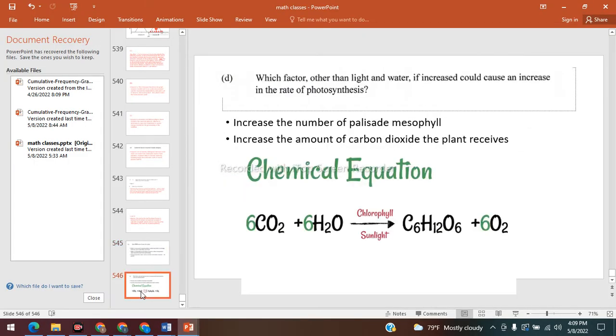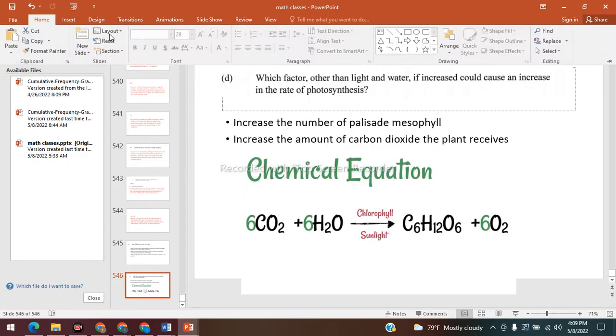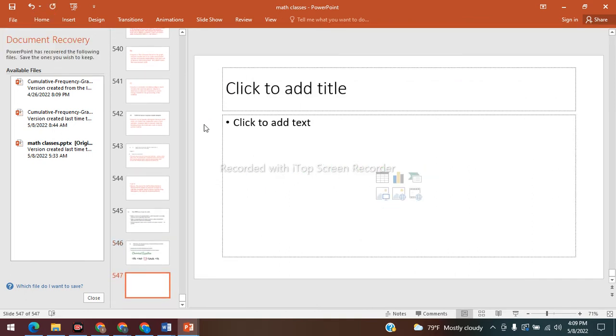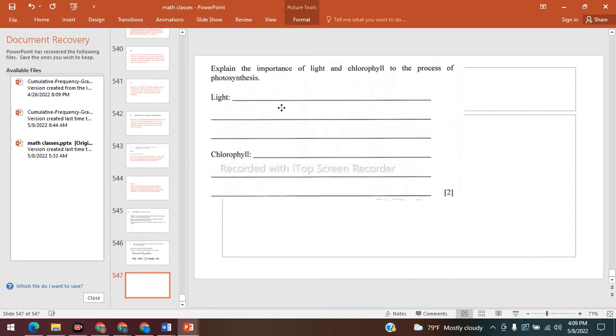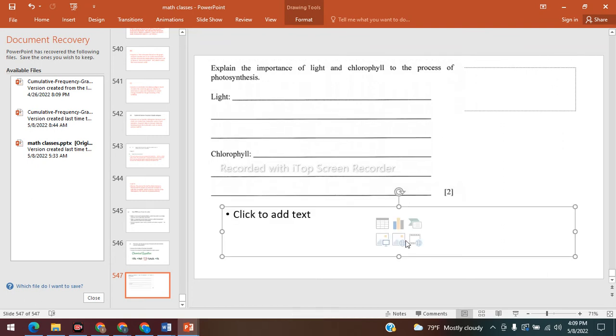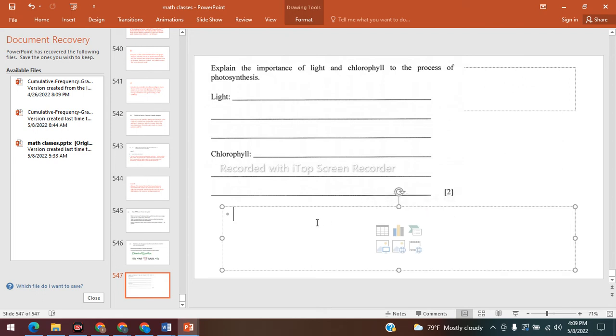Yeah, but how? That's a great question. Well, I know the chlorophyll uses the light to make glucose. I can't tell you.